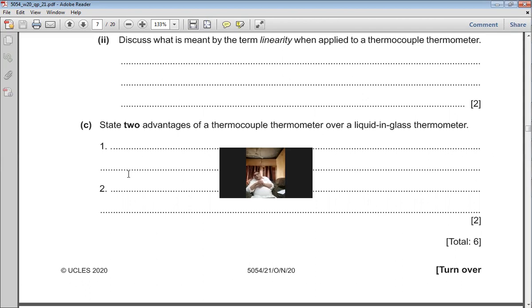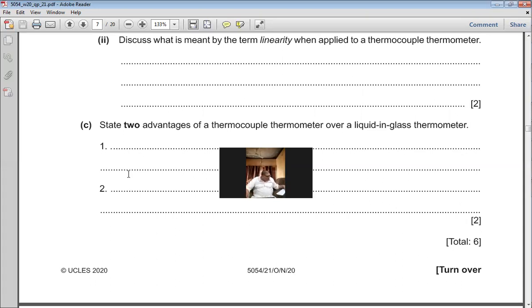Because it shows the change in temperature by induced EMF, you can connect a data logger to the computer, and all of the rapidly changing temperature will be recorded on the computer. So you can connect the thermocouple thermometer directly to a computer through a data logger, and you will get a perfect cooling curve or heating curve. And it's robust, it's easy to use.